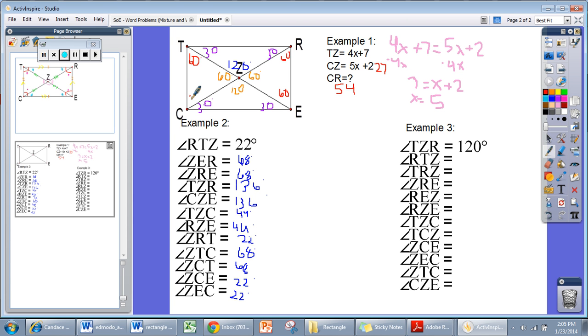Now that we have our picture all filled out, we can enter in the rest of these. RTZ is 30.